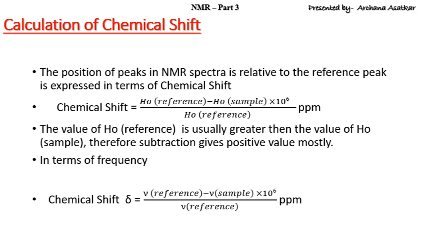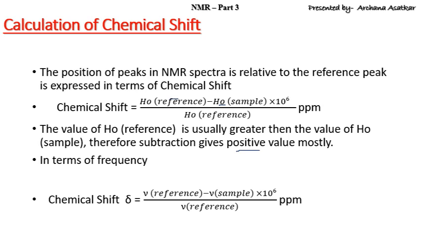The value of H0 reference is usually greater than the value of H0 sample, and therefore the subtraction always gives a positive value.